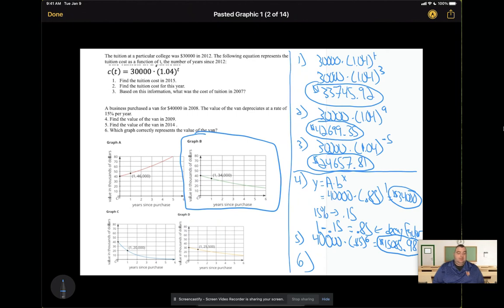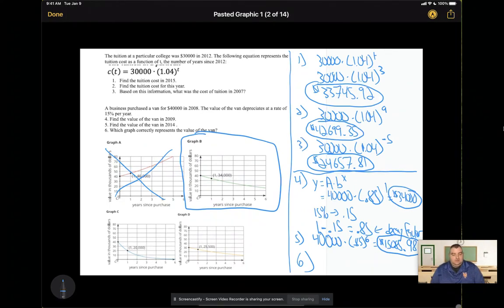This one can't be the answer because it's an exponential growth graph, and we know that the value of the van is decreasing. This one shows a value of 20 grand after 1 year. This one shows a value of 25,500 after 1 year. This one is the only one that correctly shows a value of $34,000 after 1 year.